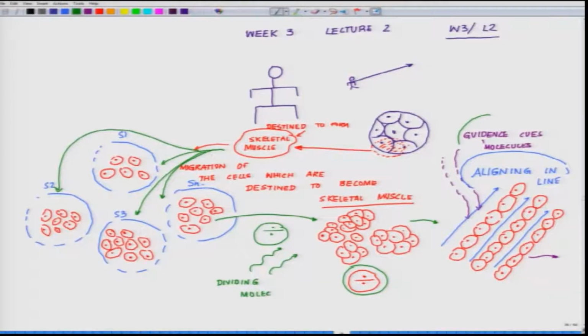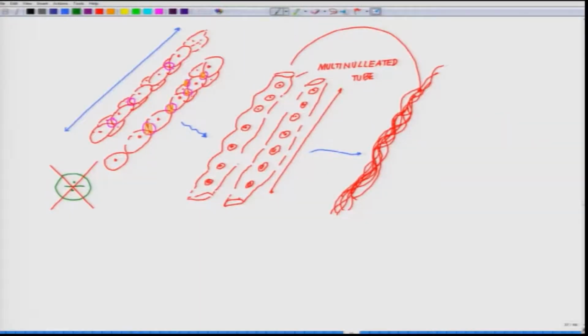And these dividing molecules, in conjunction with the guidance molecules, tell them to align in a specific line. There may or may not be further division, but the next thing we know is that these dividing molecules stop. No more dividing molecules are allowed.